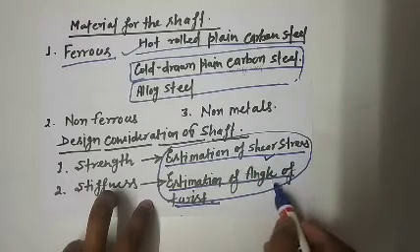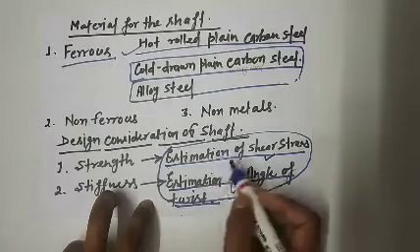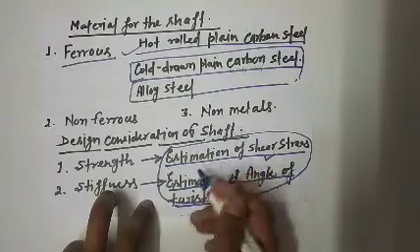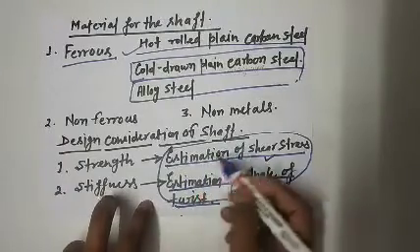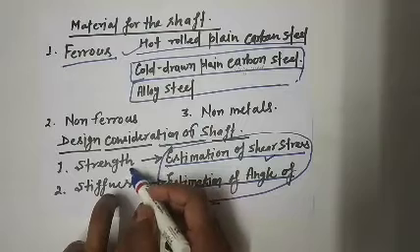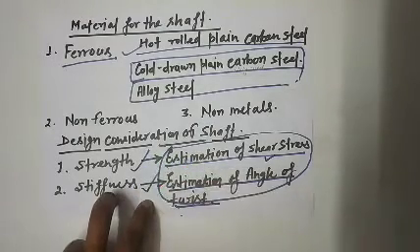And when we compare it with the torsional strength of the shaft, finally an equation is developed which is known as the torsion equation. One portion of the torsion equation is known as the strength equation and another portion is known as the stiffness equation.